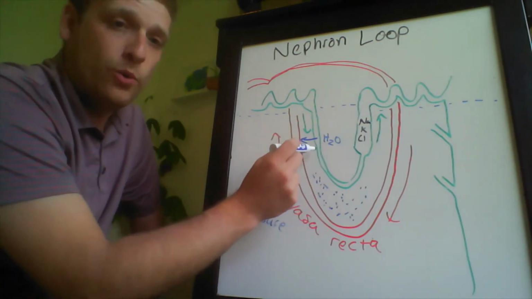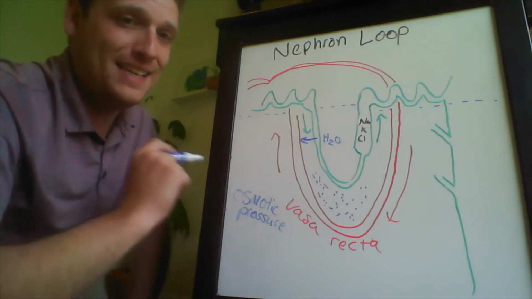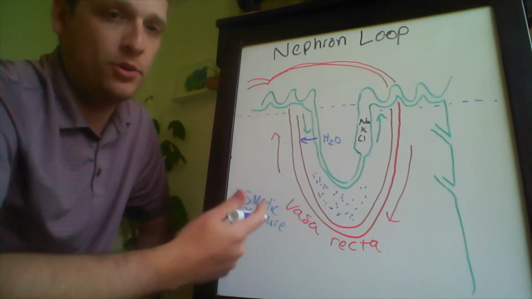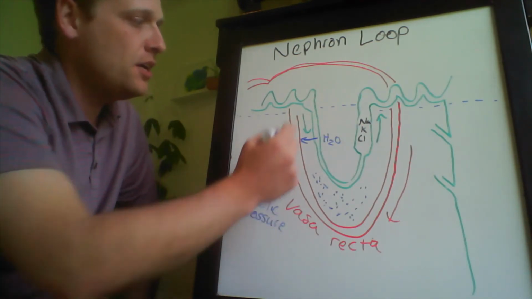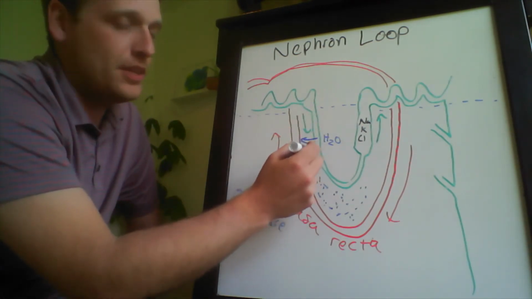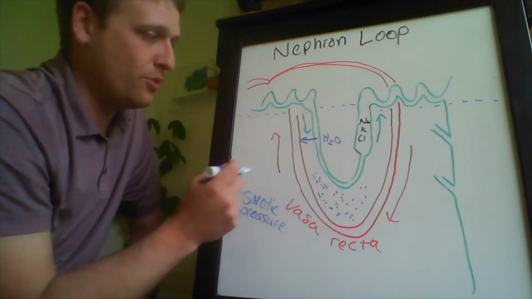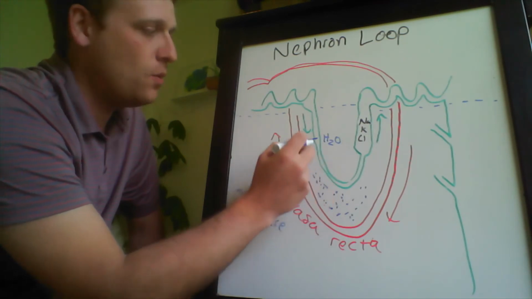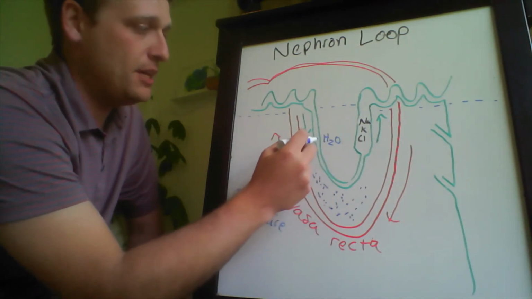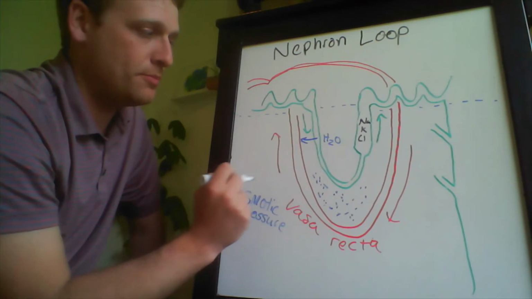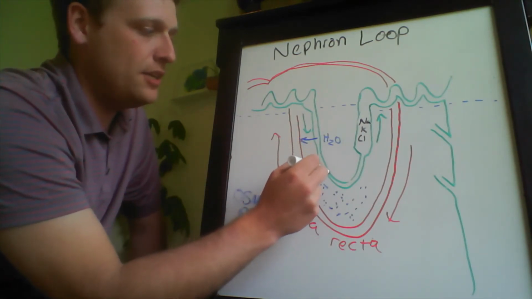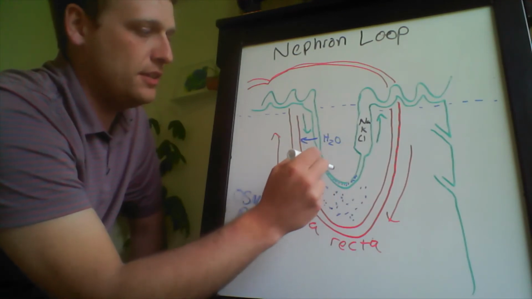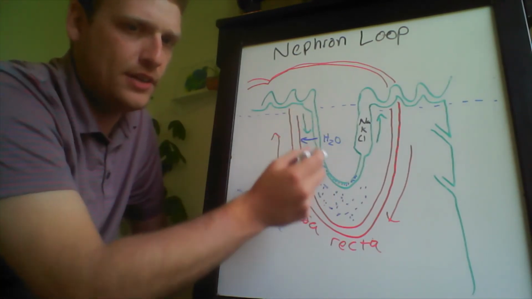But that also requires that the descending loop is impermeable to salt, or impermeable to electrolytes. So in the descending loop, electrolytes cannot be reabsorbed. So as you go further down the loop, water is being removed, is being reabsorbed, and that leads to an increase in the concentration of solutes, like those electrolytes, the further down in this loop you get.